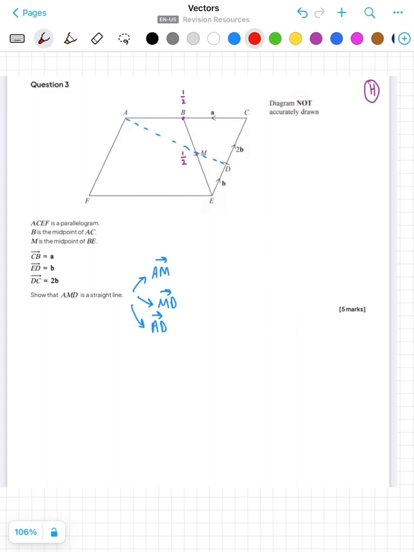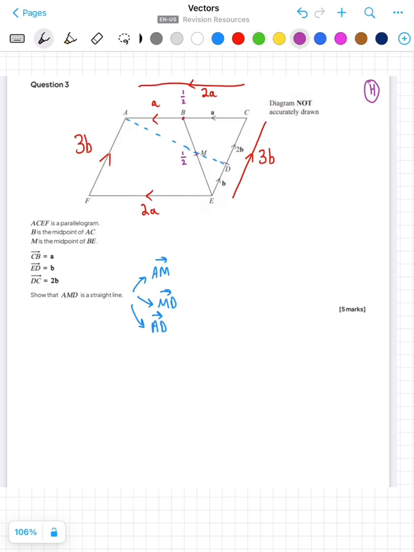What we know is our E to C, if that part's b and that's 2b, the whole line is 3b. So that's to say, because our line is parallel, this is also 3b. If C to B is a and B is the halfway point, that's to say that B to A is also a. So this whole line here is 2a. So E to F is 2a.